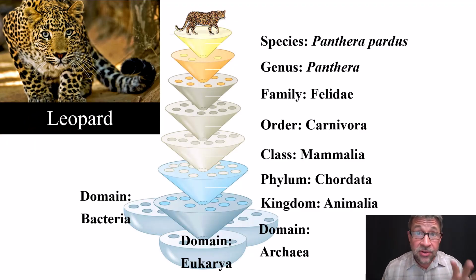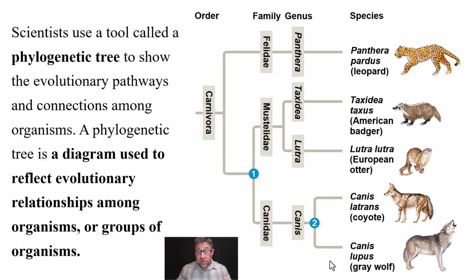We also discussed in the last learning activity how the African leopard is a member of the Felidae family, the cat family, which is part of a larger order known as the Carnivora. So let's take a closer look at this mammalian order. This is obviously a very simplified tree.